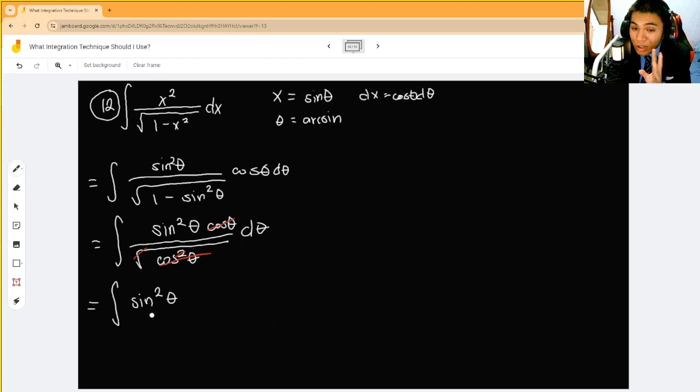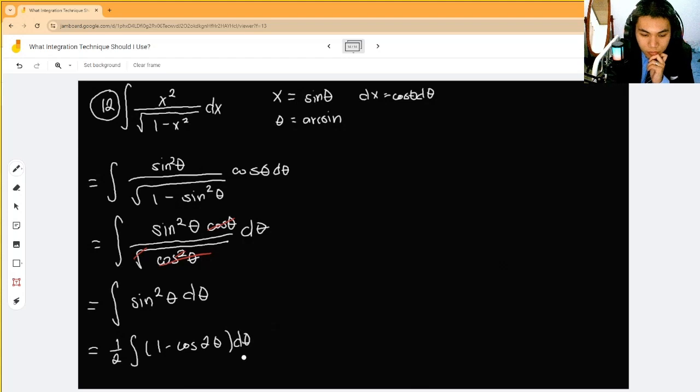And you know, this is number 7 from earlier. And let's just show you the work for the sake of doing the work. So this is the same as 1/2 of the integral of 1 minus cosine of 2 theta d theta.